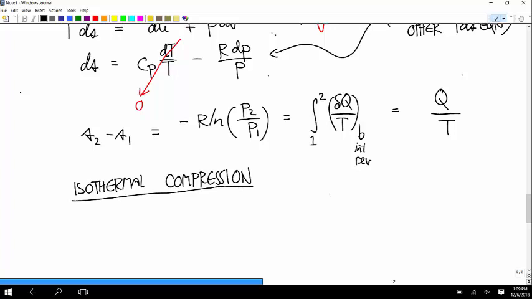And so for the isothermal compression, we have negative R times the natural log of pressure 2 over pressure 1. So that's 5 over 1, is equal to Q over the temperature, which is 350 Kelvin.